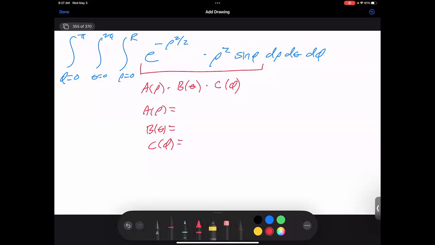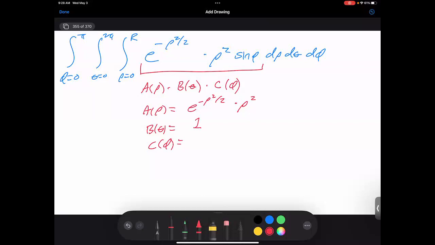Perfect. So somebody else want to give me what b of theta would be? This is the hardest one. It's just 1. And what would c of phi be?